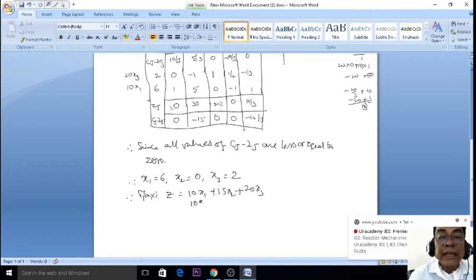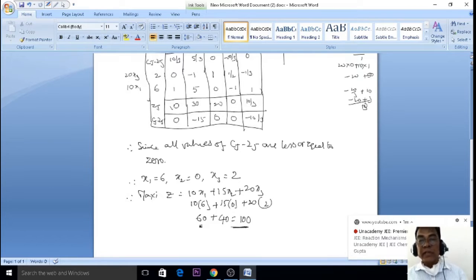It means 10 into 6 plus 15 into 0 plus 20 into 2. So how much? 60 plus 40, that is equal to 100. So this is the final solution of the given problem.